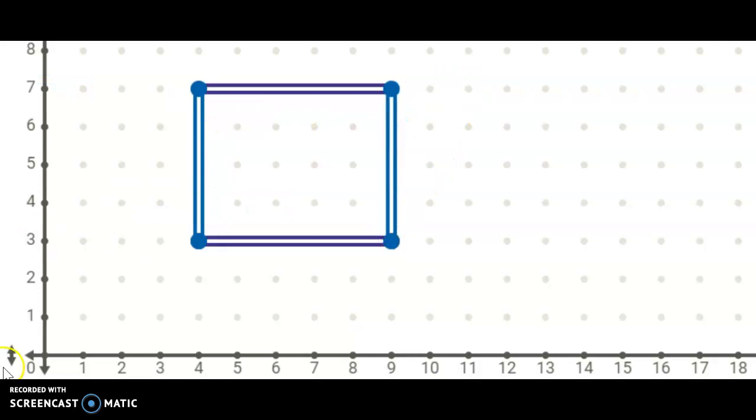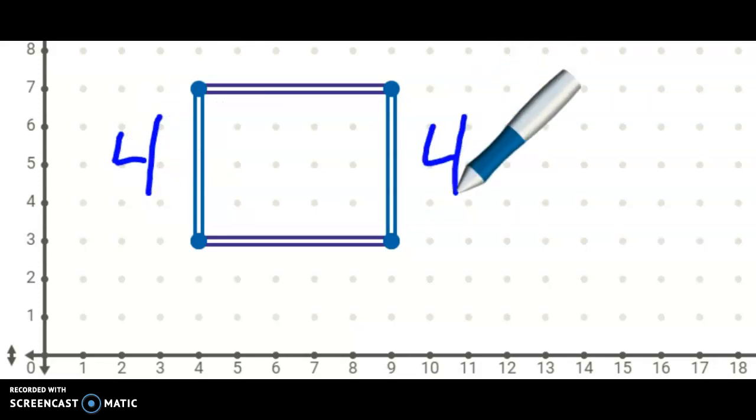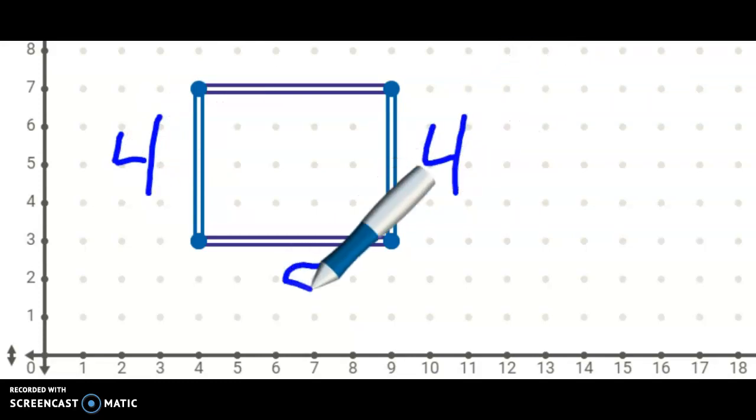There we go. Okay, so we have our side here is 4. This side is also going to be exactly the same as 4. This is 5, and this is 5. So when we're looking for the perimeter, we're going to add all 4 sides, and that is going to give us our perimeter. When we're looking for our area, we're going to multiply one of these 2 sides by the other 2 sides.